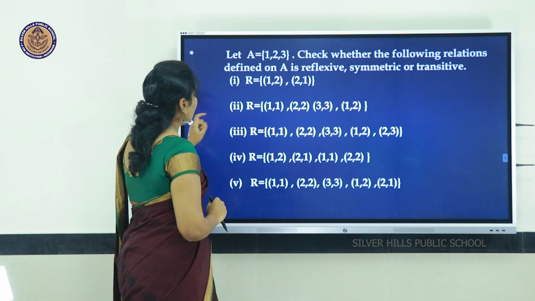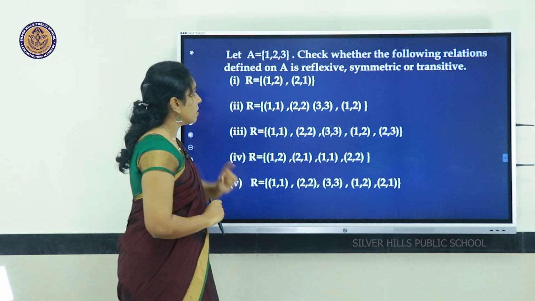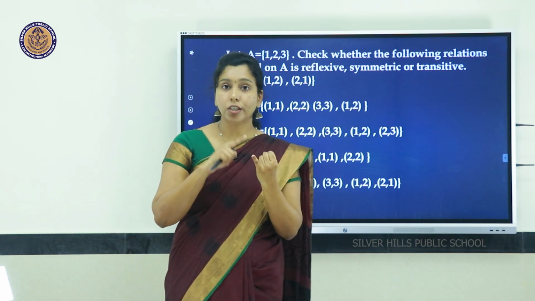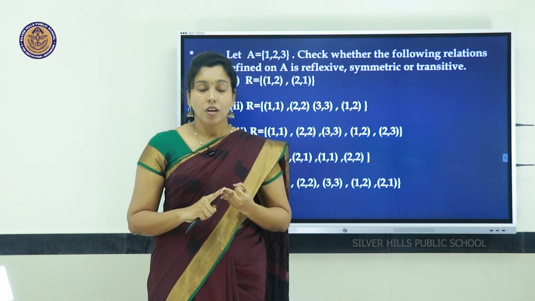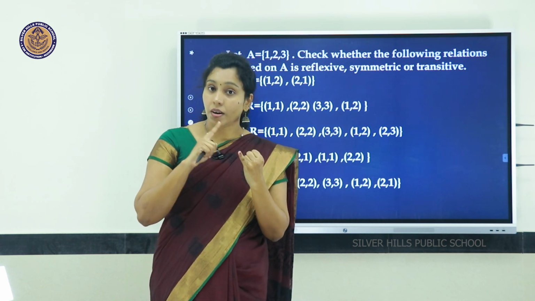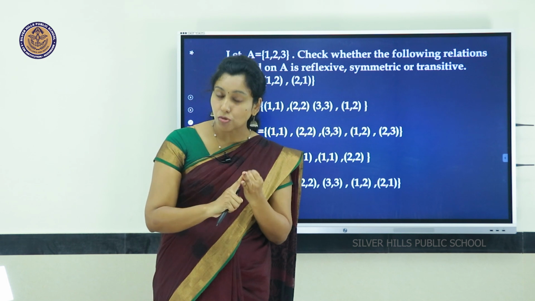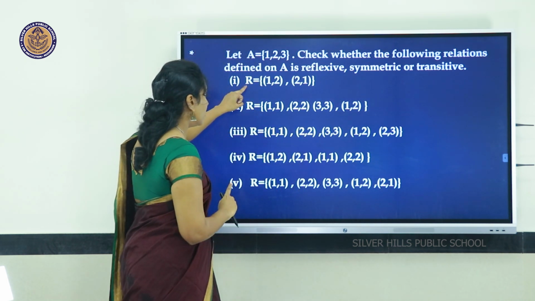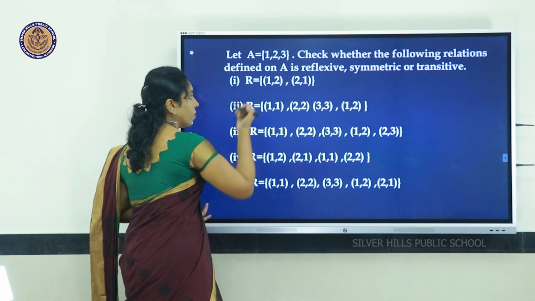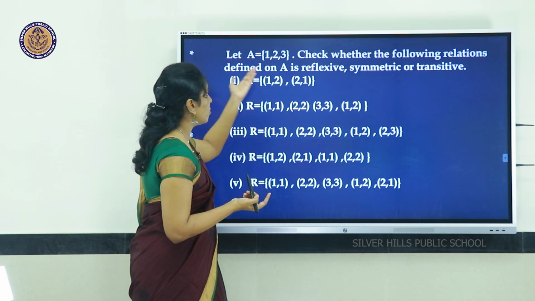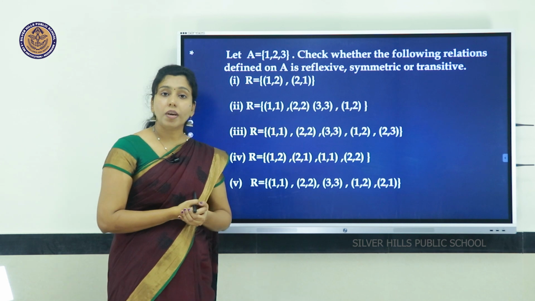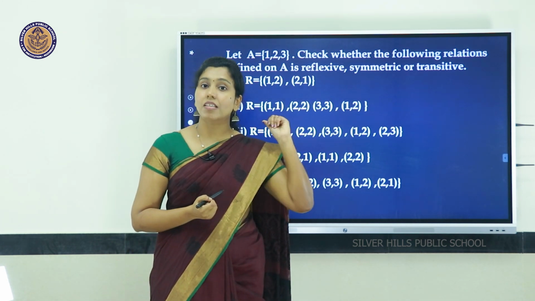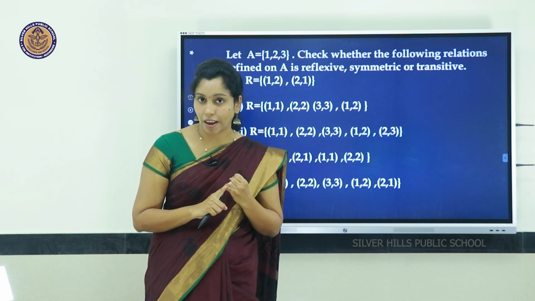So, now in this question, A has 3 members 1, 2 and 3. So, we are going to check whether (1, 1) is present, (2, 2) is present and (3, 3) is present in this relation. No, (1, 1) itself is not present, so we need not check the remaining. So, what do we conclude? We conclude this relation is not reflexive.